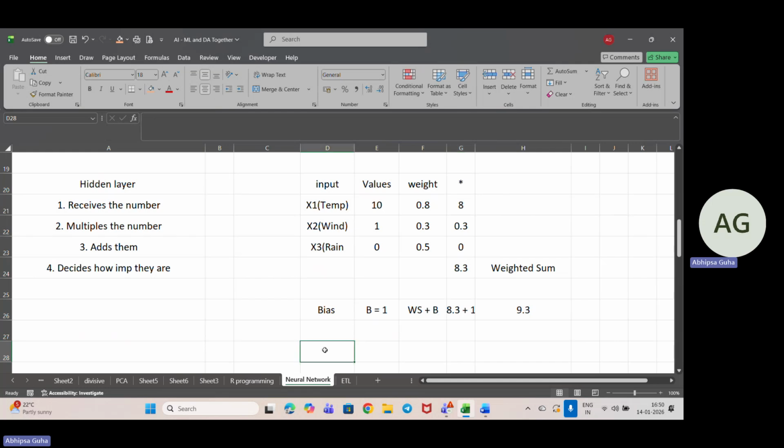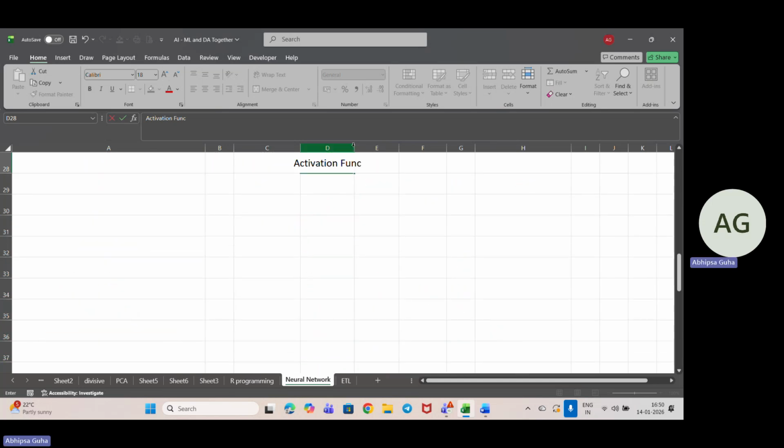Now I'll be taking the activation function. Here, activation is the decision maker. Is it yes or no? I'll take the threshold value as 5.